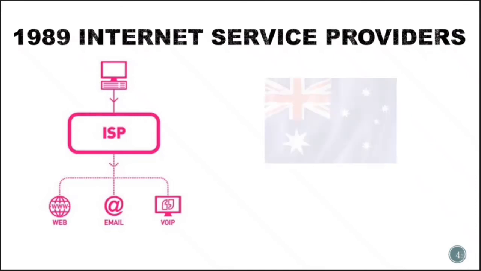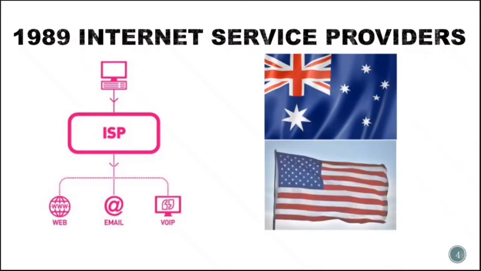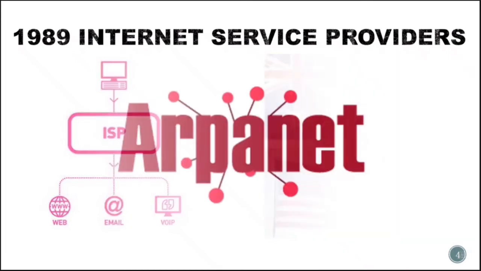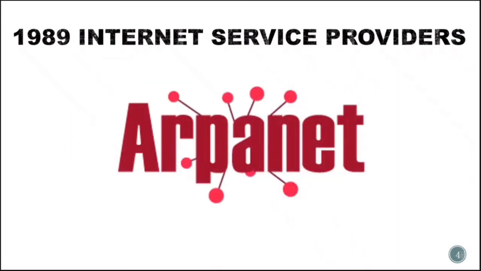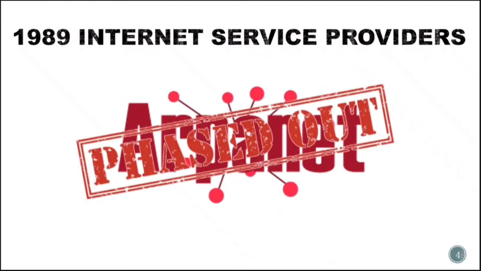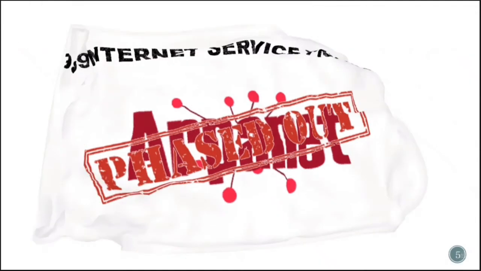The countries that provided these services were Australia and the United States. Well, unfortunately for our ARPANET, in 1990, the ARPANET was decommissioned. But this is not so heartbreaking because something spontaneous happened afterwards.